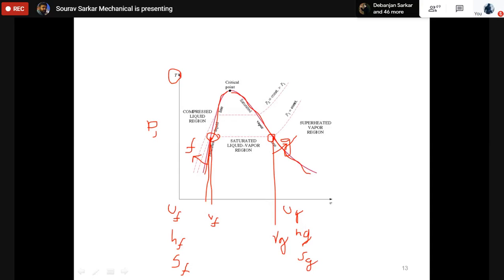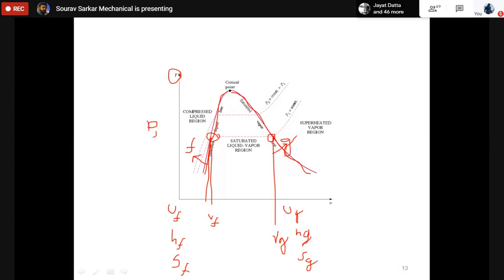Is that right? So if I try to summarize, for every phase change temperature there will be a phase change pressure. There will be a saturated liquid state. For that saturated liquid state, you have a specific volume, the internal energy, the specific enthalpy, and the specific entropy of that saturated liquid.